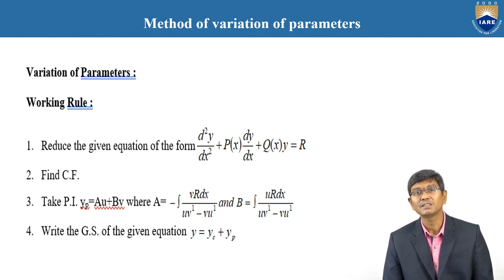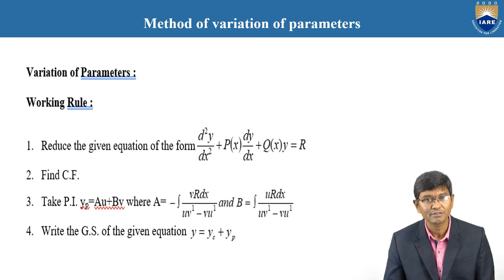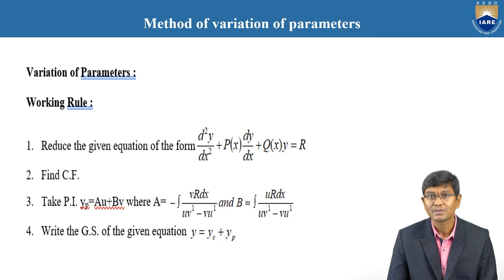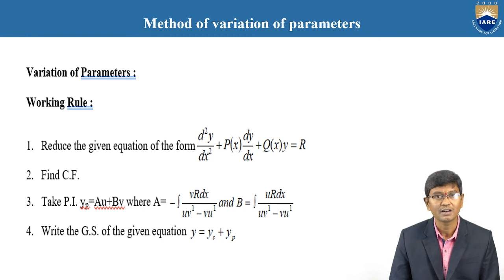Now the conclusion of this variation of parameters: whenever the given differential equation is not in standard form, we need to reduce it to standard form, that is in the form of d square y by dx square plus p into dy by dx plus q into y is equal to r.